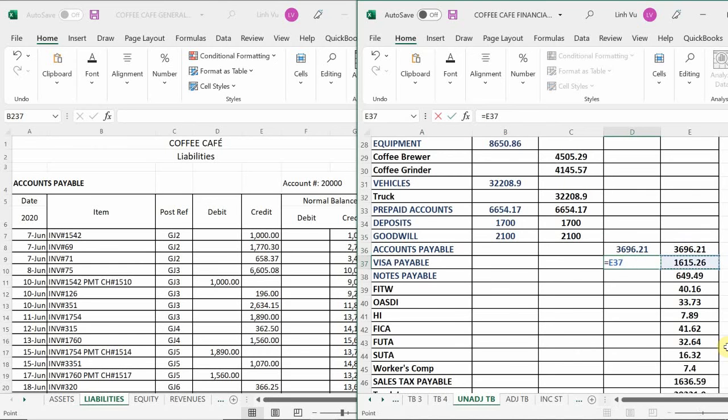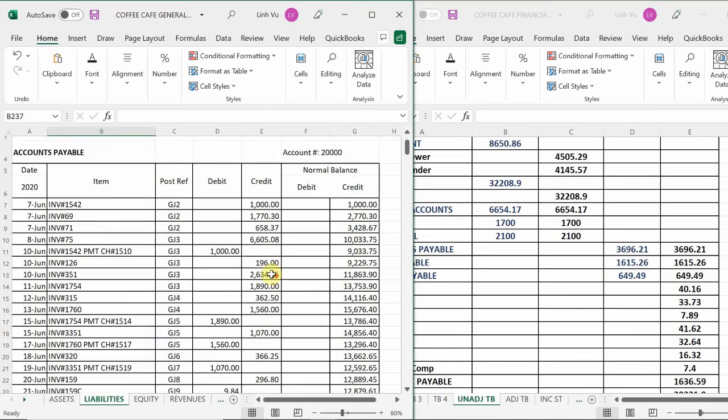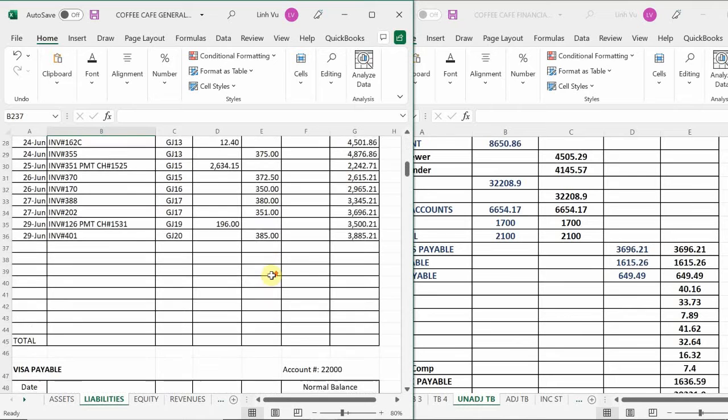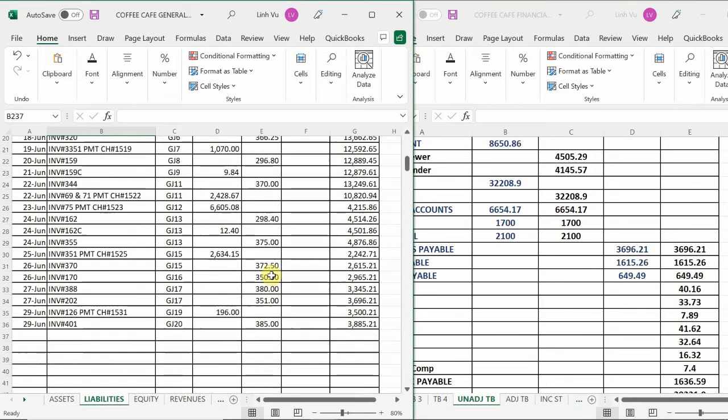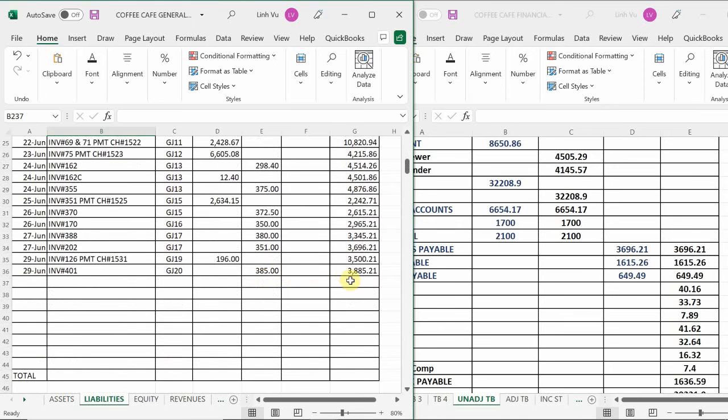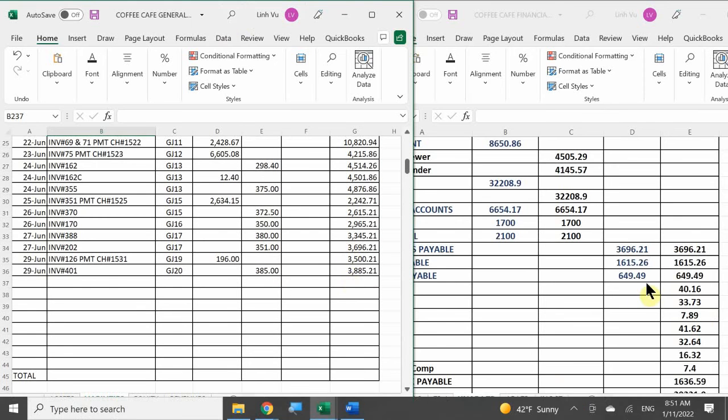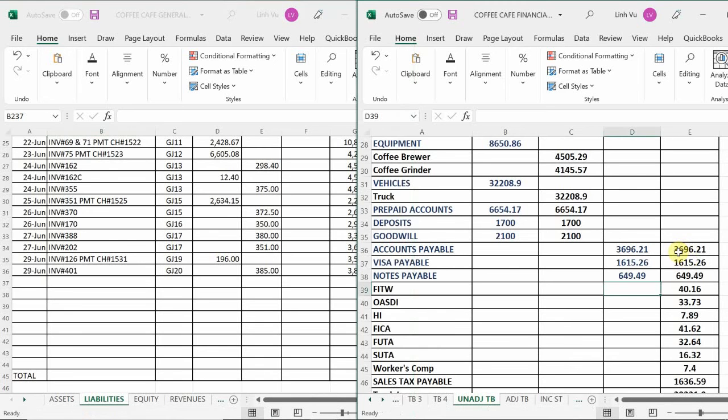My Visa payable is already a main account, and my notes payable is a main account. So let's take a look at my accounts payable. How much am I at in my accounts payable? Right now I'm at 3,885.21.